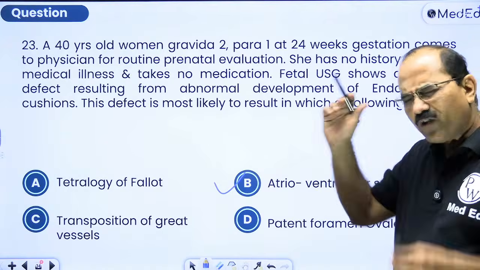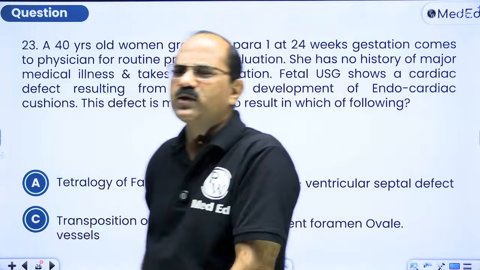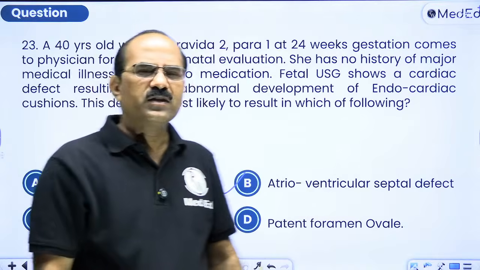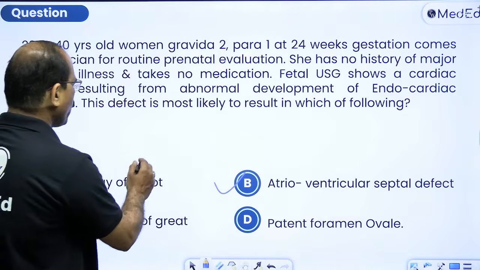Understanding? Tell me, tetralogy of Fallot. What is the main cause of tetralogy of Fallot? What is the main cause of TOF?